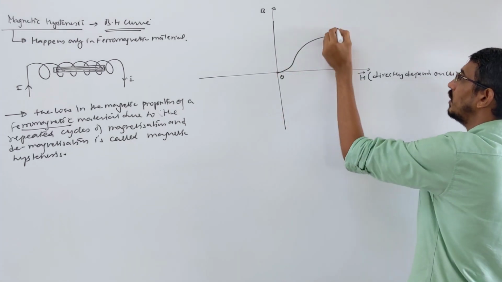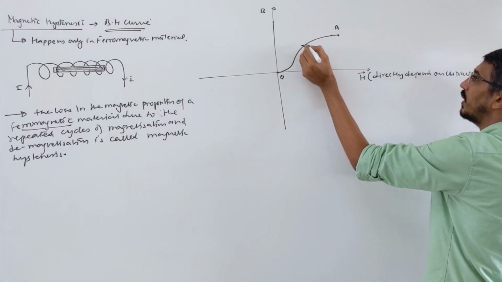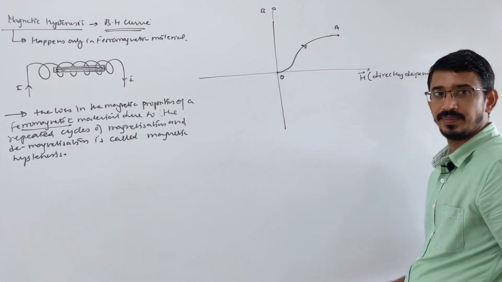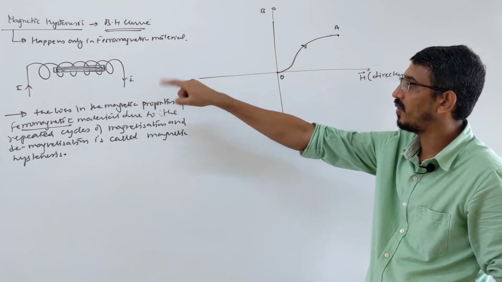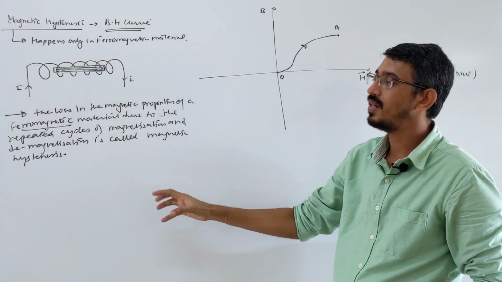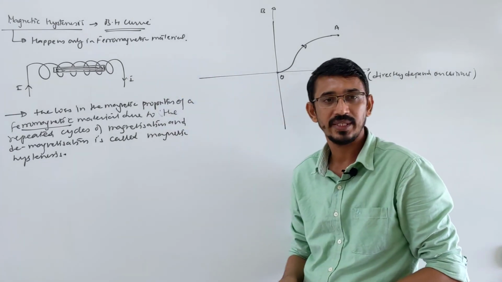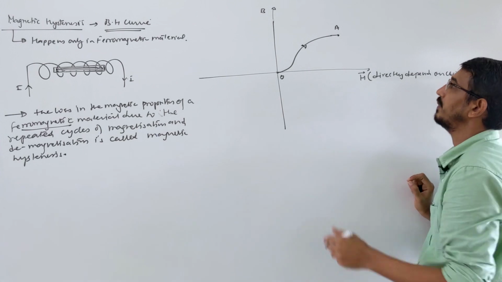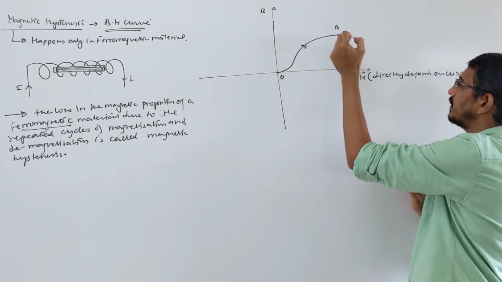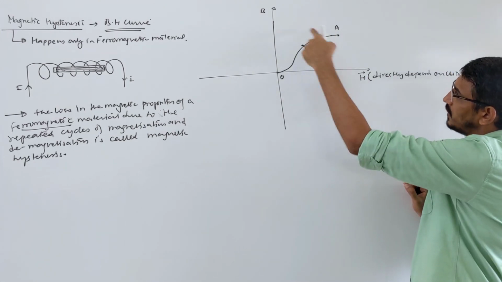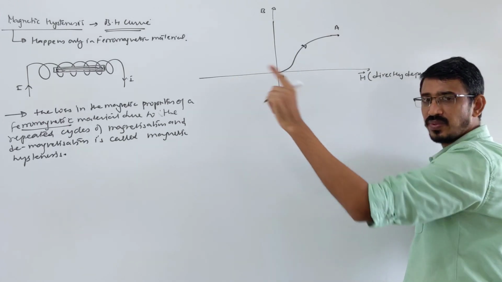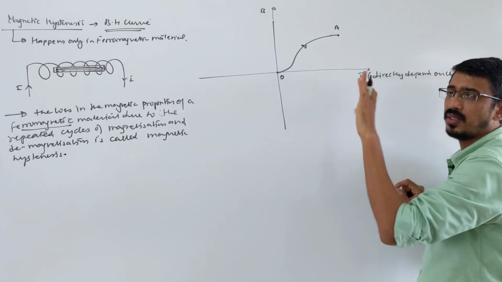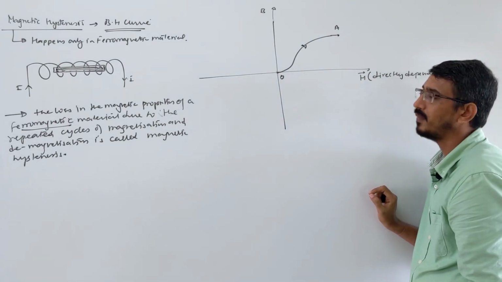This is the path O to A. So you increase the current in the solenoid, and the magnetic field develops inside the magnetic material. This is a non-linear relation, not a straight line. After some current or magnetizing field, the magnetic field inside the material is maximum. After that, if you increase your current, more magnetic field will not be developed.